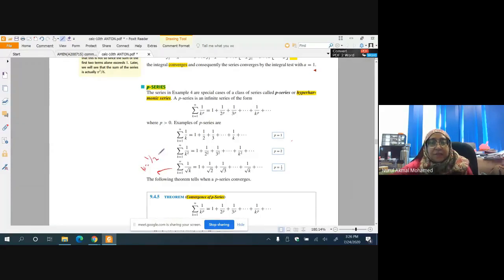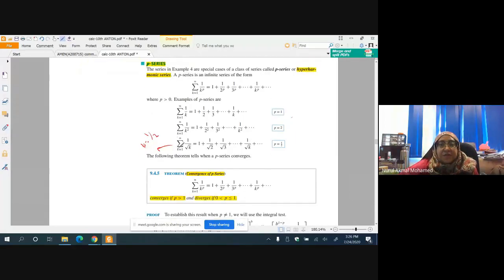The theorems for the P series: for p greater than 1, it converges. For p between 0 and 1, it diverges.